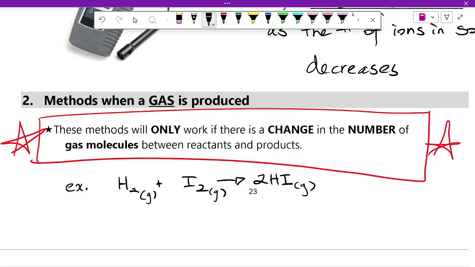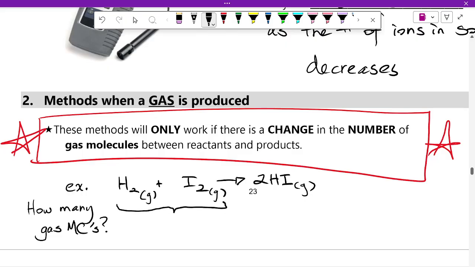How many gas molecules in the reactants? And remember, MC for me means molecules.